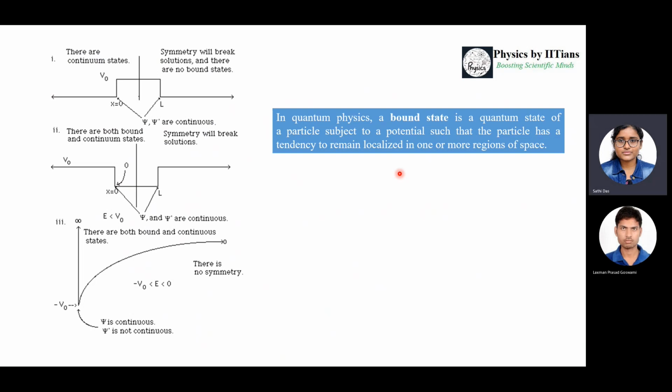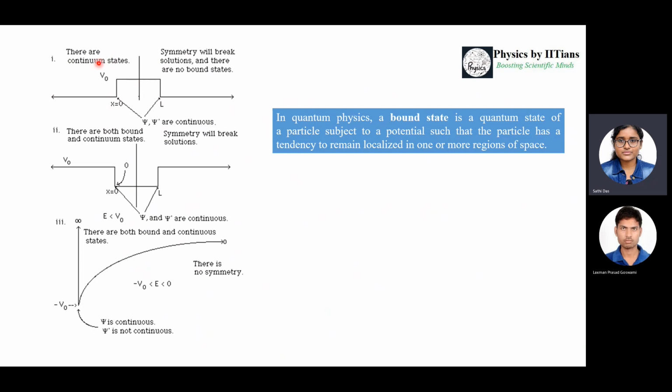If the particle remains localized, it is a bound state. See this kind of potential, this is a potential barrier with a length from 0 to L. Due to the symmetry, the solutions will separate into even functions and odd wave functions, giving different solutions.